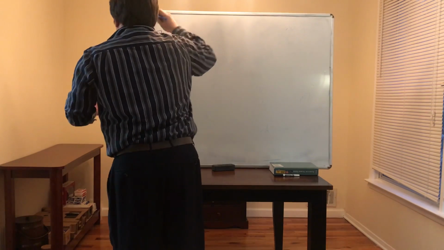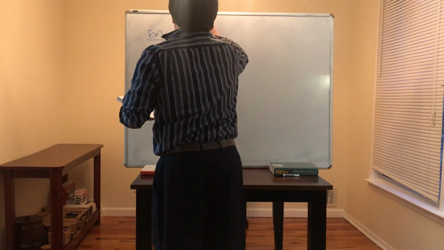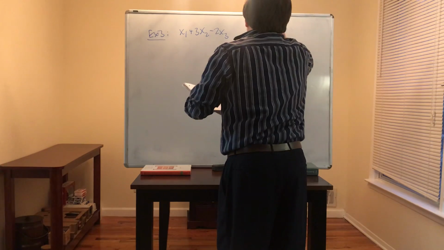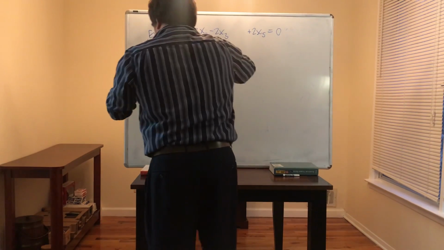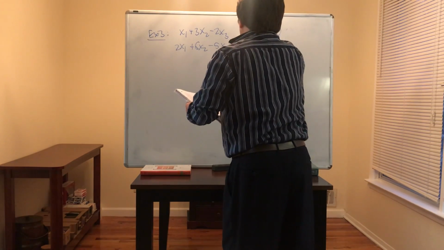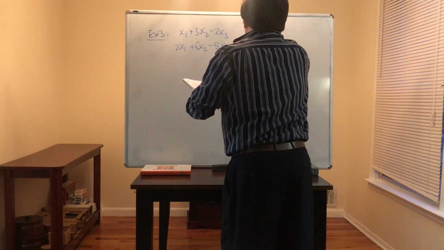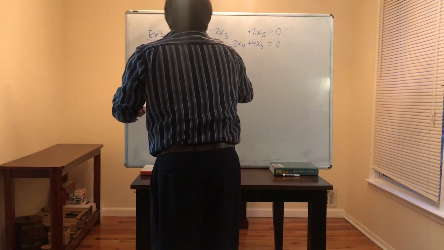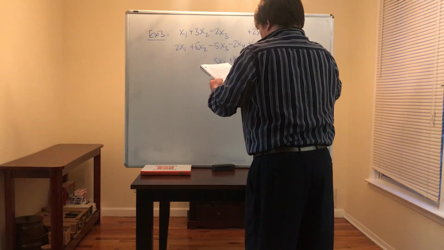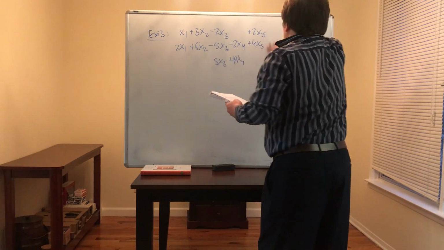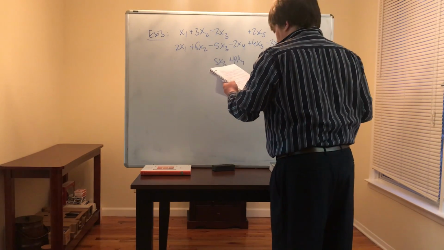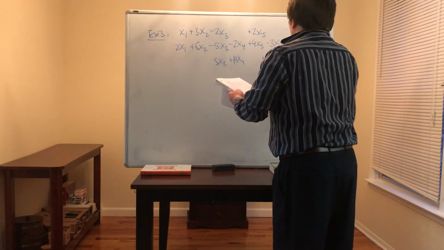Example 3. Consider the linear system: x1 plus 3x2 minus 2x3 plus 2x5 is equal to 0. 2x1 plus 6x2 minus 5x3 minus 2x4 plus 4x5 minus 3x6 is equal to 0. 5x3 plus 10x4 plus 15x6 is equal to 0.